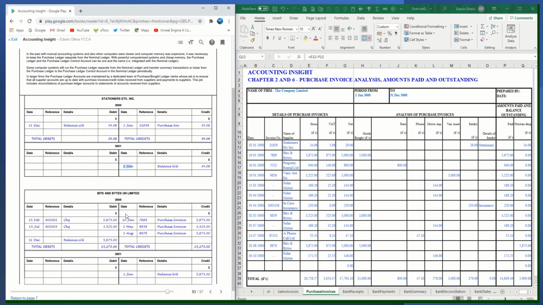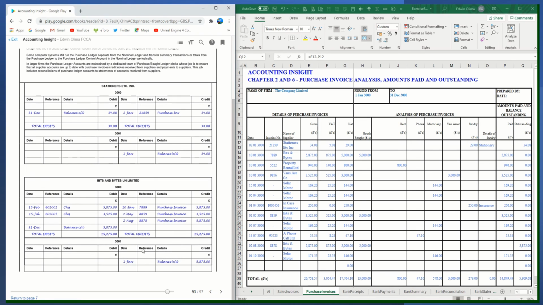Let's look at another one with a bit more going on. So here, Bits and Bytes Unlimited. You can see again in our traditional T format, they're called T accounts because of this main line here and this middle line separating your credits and your debits. As the invoices came in, they've been entered here.